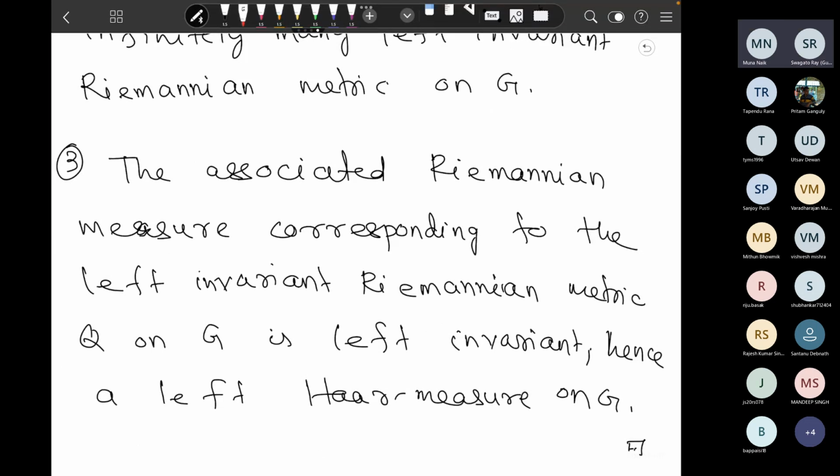On the other hand, the left invariant Riemannian metric, the way you have produced, is completely arbitrary on the tangent space at the identity, and after that it has been transported using the left translation. So this arbitrariness of that inner product on the identity's tangent space, is it hidden in those constants?